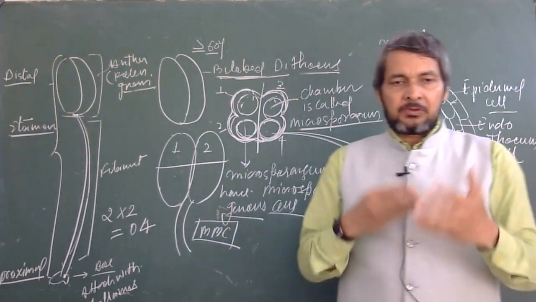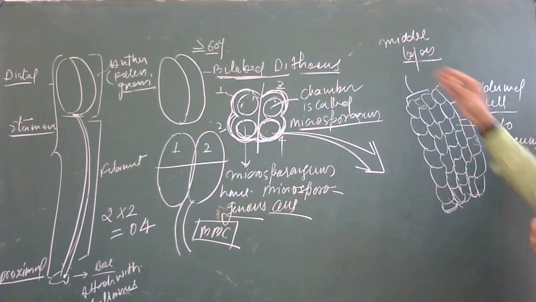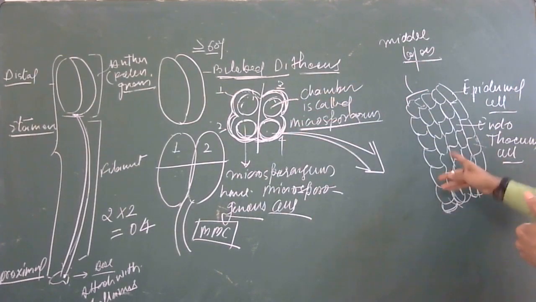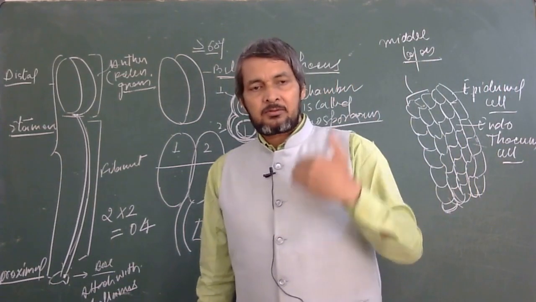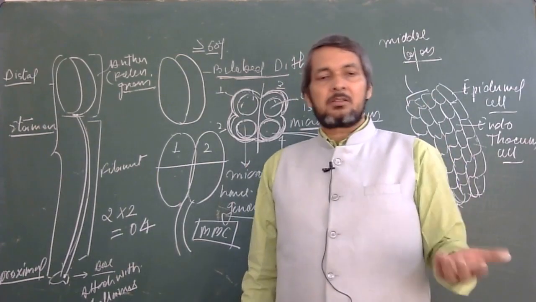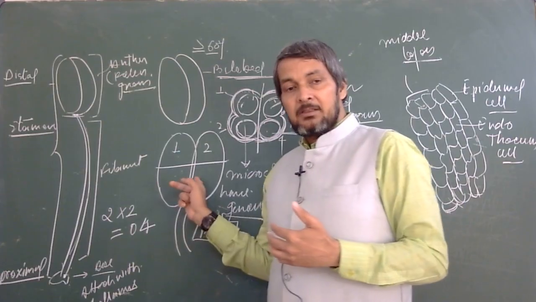The nutrients from the vascular system of the stamen flow through the middle layer. So the middle layer is vascularized, transporting minerals and nutrients to the pollen sacs.